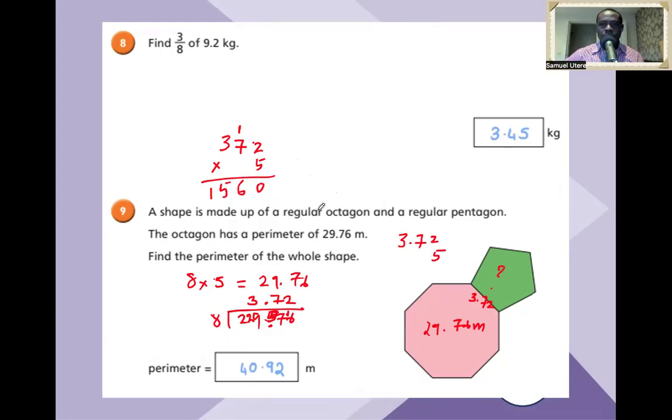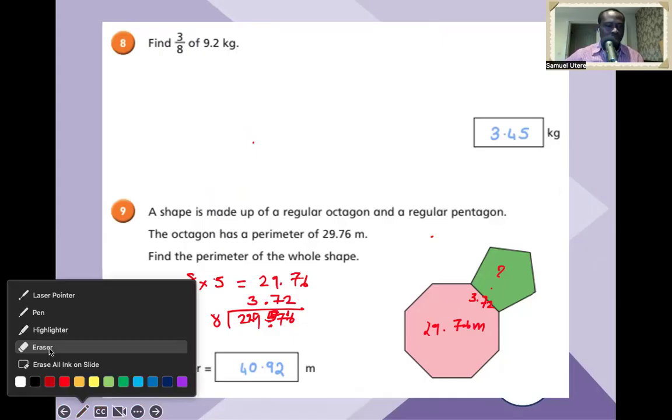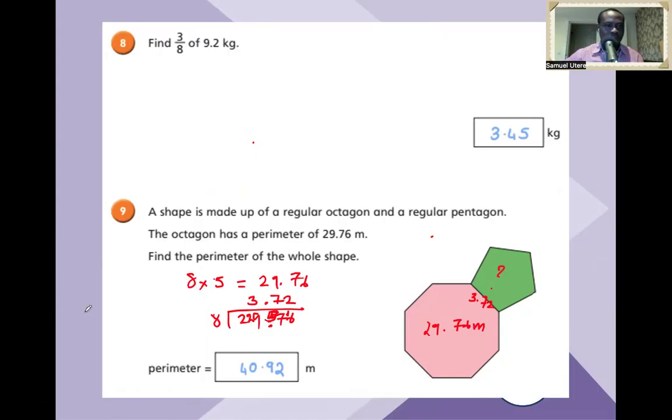Oh, I know. Here is the mistake I'm making. We were told to find the perimeter of the whole shape. Sorry. So we don't need to do this. Once we know that it is 3.72, the perimeter will be, let's count the side lengths and then we'll multiply by that number.